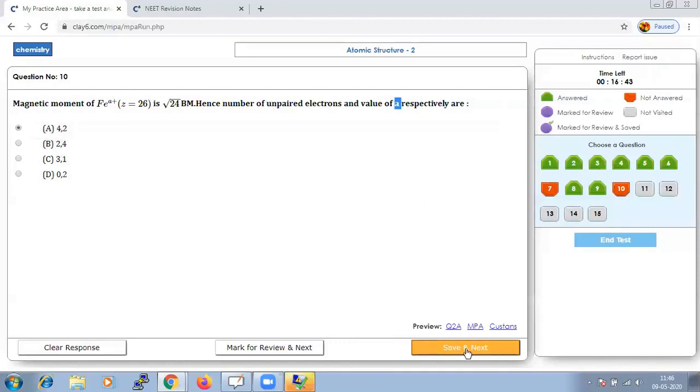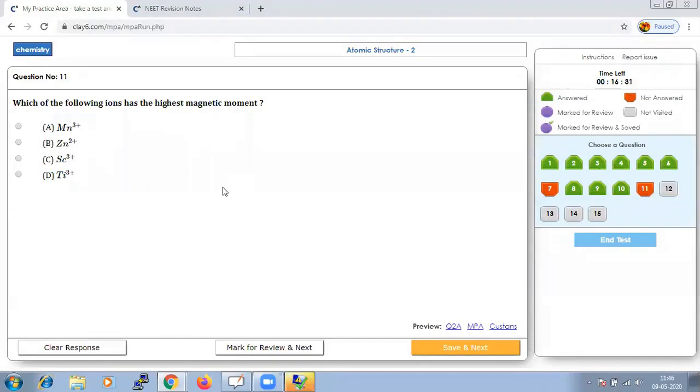Let us save and go to next. Which of the following has the highest magnetic moment? Here also you could apply the same relation between the number of unpaired electrons and the magnetic moment. Whichever has the highest number of unpaired electrons will have the highest magnetic moment.